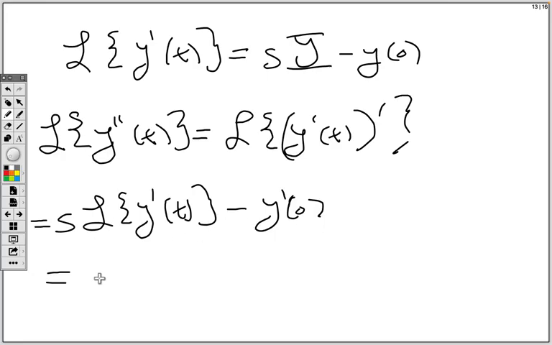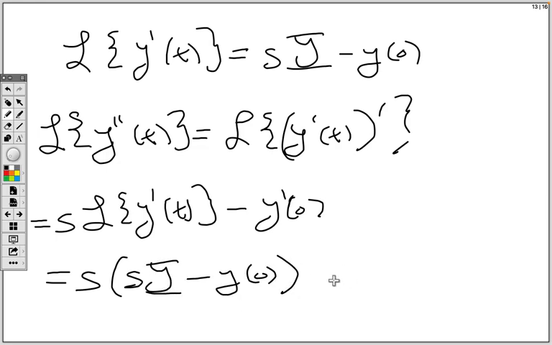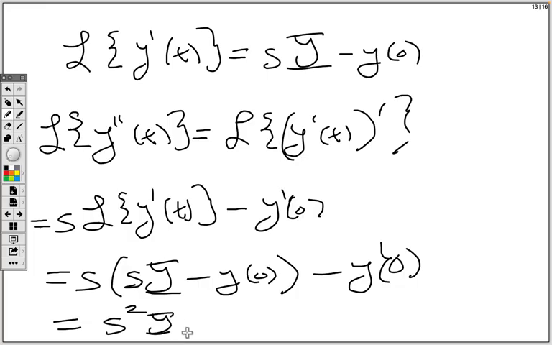And now, I take the Laplace of this. The Laplace of y prime, that's going to be s times the Laplace of y minus y at 0. And so I'm going to get s squared times the Laplace of y minus s times y at 0 minus y prime at 0.